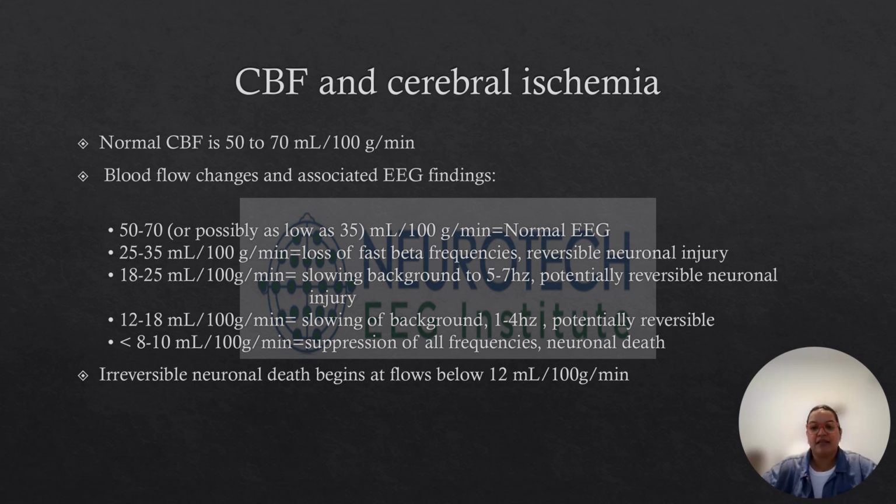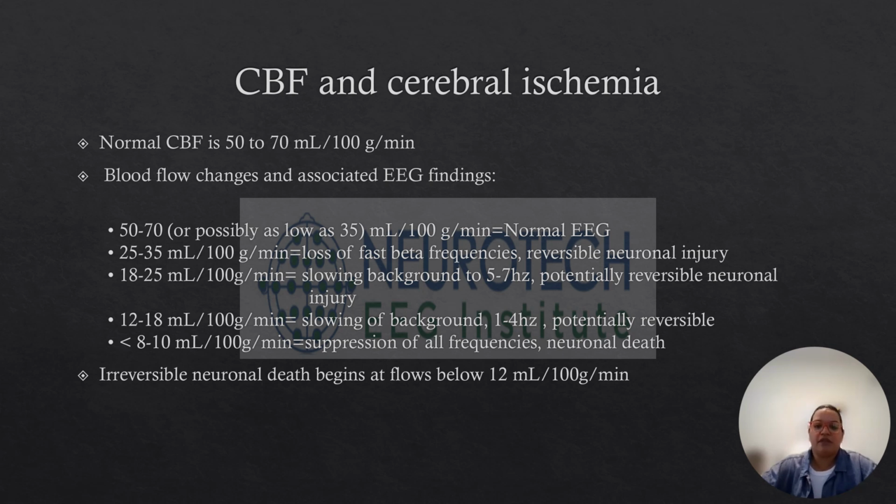However, in some cases, you can still have no symptoms or consequences at a cerebral blood flow of 35. But that's not the most common picture that you're going to see.